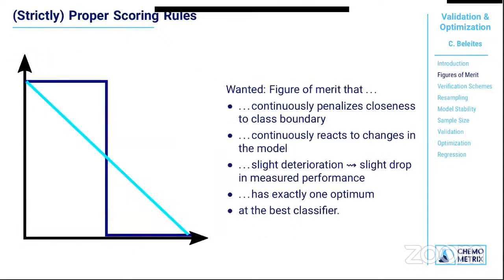So this is not exactly what we want for a figure of merit that we want to use as the target for an optimization. Because for optimization, we would want to have a target functional that continuously penalizes the closeness to the class boundary, and that continuously reacts to changes in our model, so that if we have a slight deterioration, we would get a slight drop in measured performance, but not nothing or a whole lot of a drop.